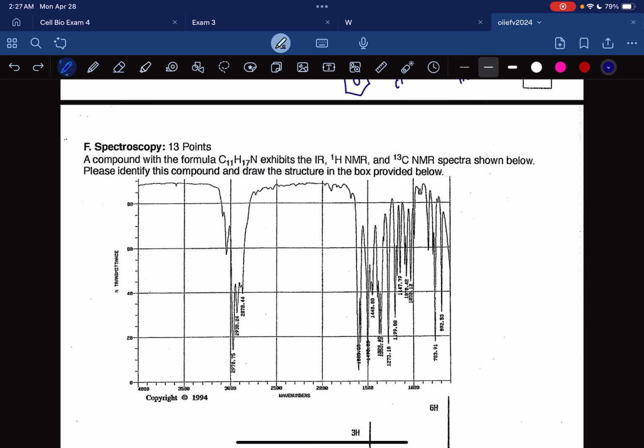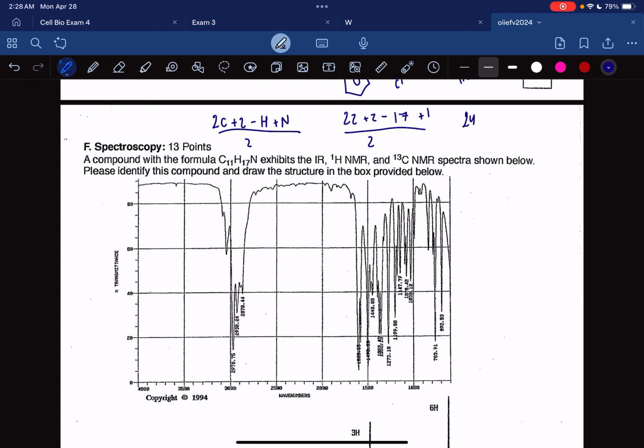Let's do the unsaturation. So 2C plus 2 minus H. And then the rule for nitrogen is you add nitrogen and divide all that by 2. So whenever you do all this, you should get 22 plus 2 minus 17 plus 1, all that over 2.